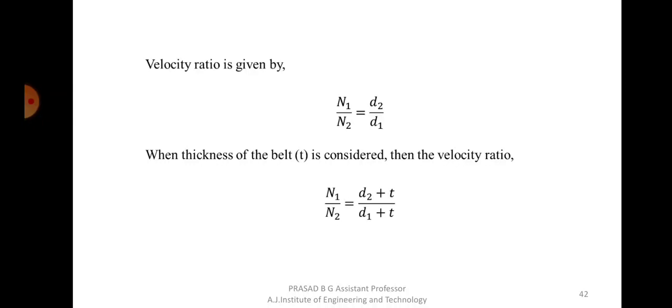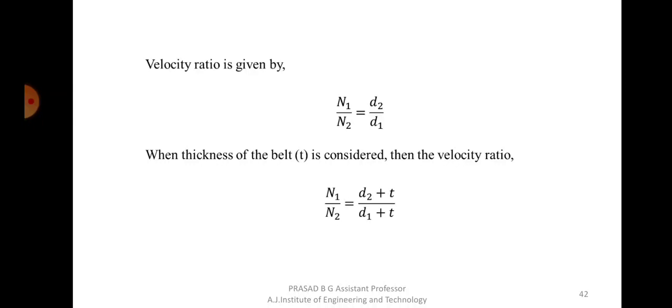Okay, so that is the velocity ratio. So you should remember this formula also. For velocity ratio of the belt, n1 by n2 is equal to d2 by d1. N1 is the speed of the driver pulley, n2 is the speed of the driven pulley, d2 is the diameter of the driven pulley, and d1 is the diameter of the driver pulley.